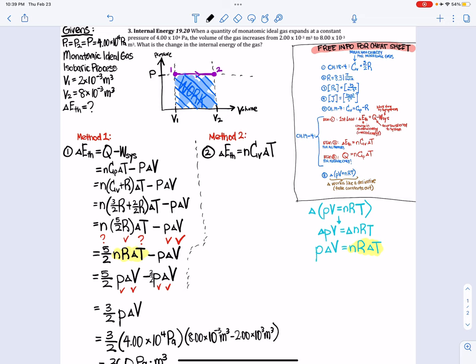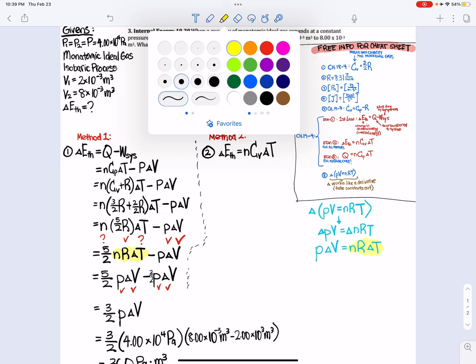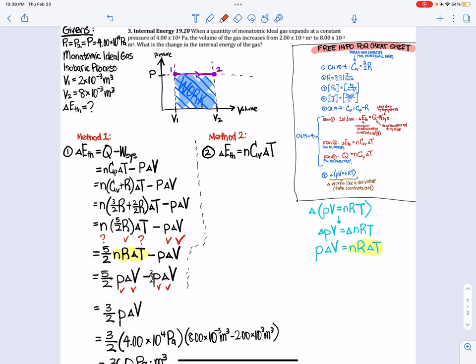So, again, what is another way of writing the molar heat capacity for constant volume, CV? We could write it as 3 over 2 R, right? So let's do that. So this is equal to N times 3 over 2 R times delta T, okay? Again, I'm going to move my constant to the leftmost side. So that's 3 over 2 N R delta T.